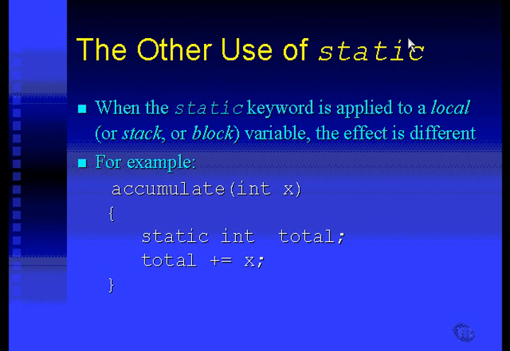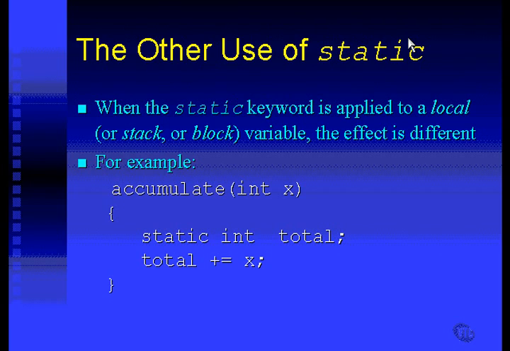Say, for instance, we had this local variable called total, and I put static in front of it. What would happen is that every time I called the function accumulate here in this example, the value of the parameter x would be added in to total, and it would be accumulated into the variable called total, which would then grow between each call to the function accumulate.